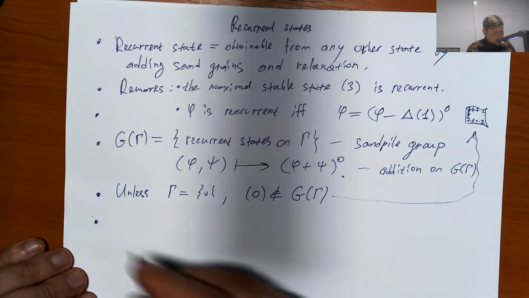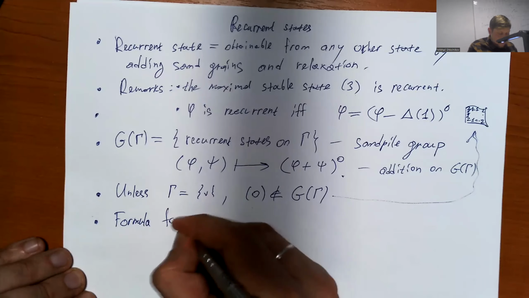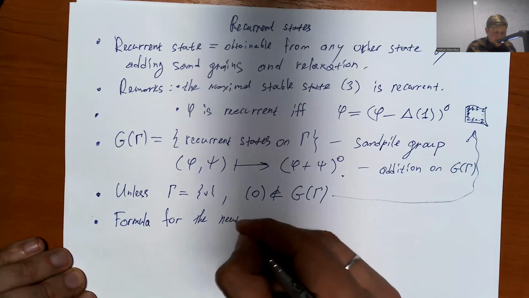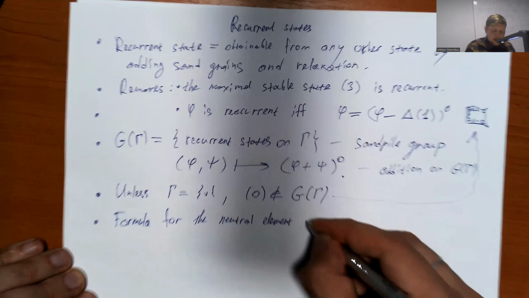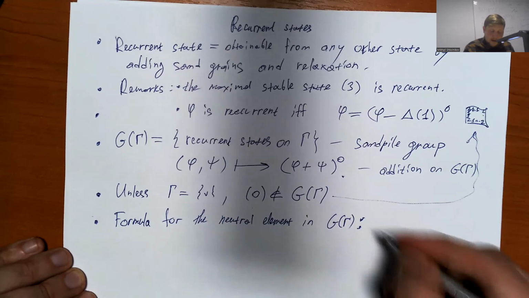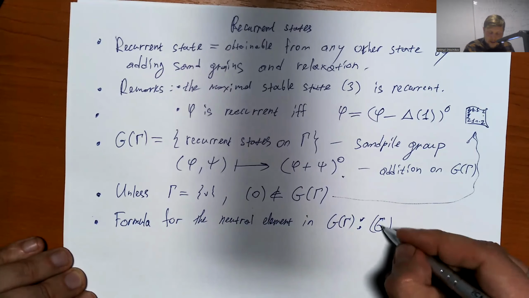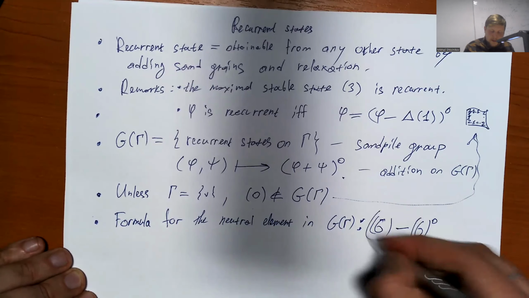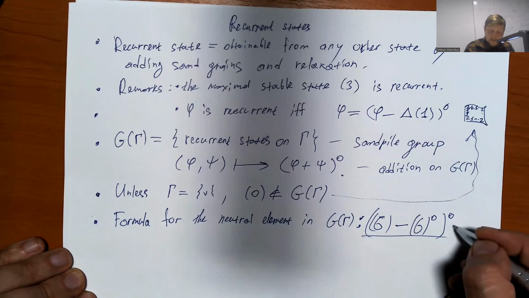And there is a formula for the neutral element in G of gamma, and it's an easy exercise to verify that it is true. So you take the all six state, then you subtract the relaxation of all six, and then you relax again. So this is the identity element.